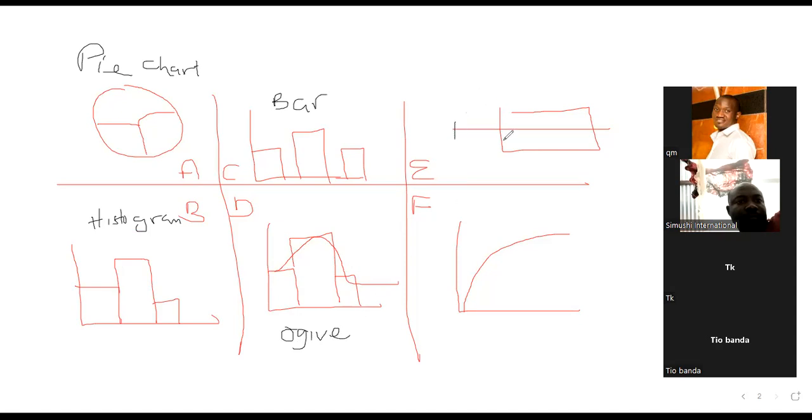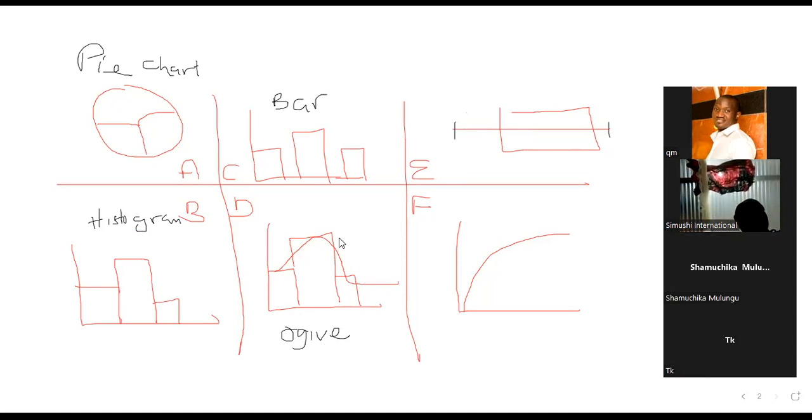And what is this structure we're able to see at polygon E? It's a box and whisker plot.